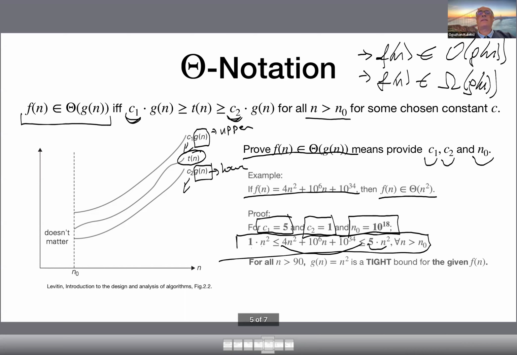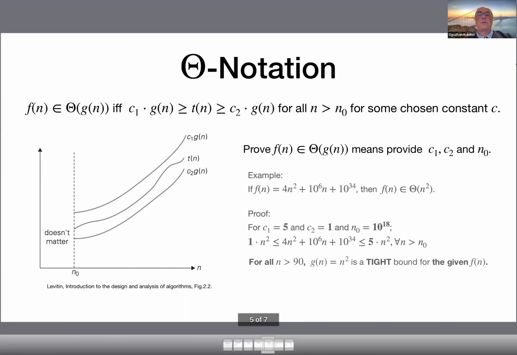In other words, f(n) is an element of big O g(n), and f(n) is also an element of big omega g(n). If both of them hold, I say that f(n) is an element of big theta g(n). Okay, so that is the story behind those notations.